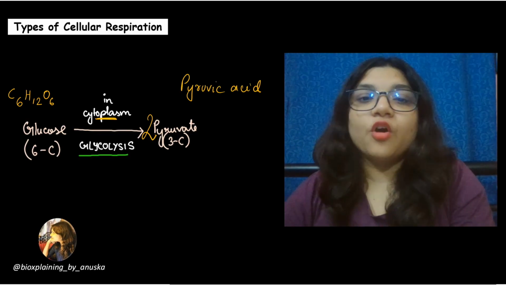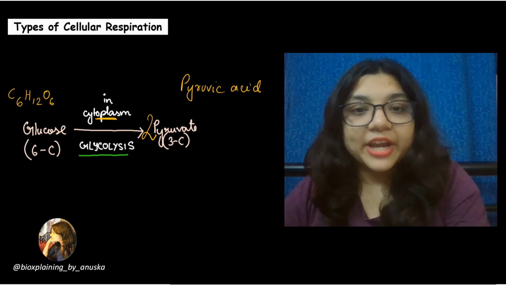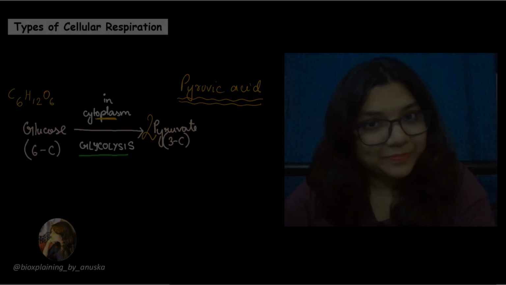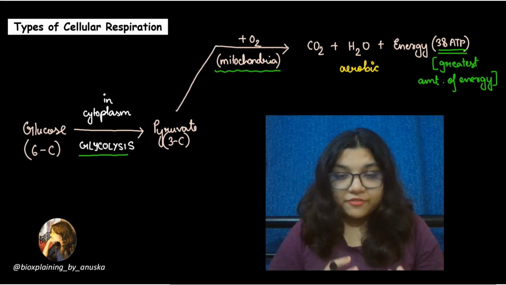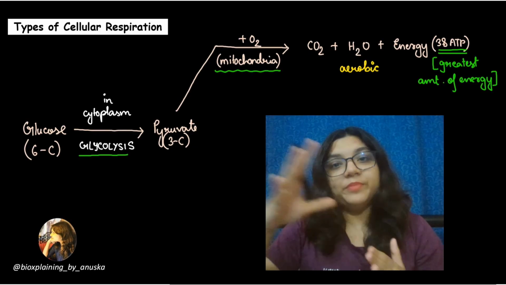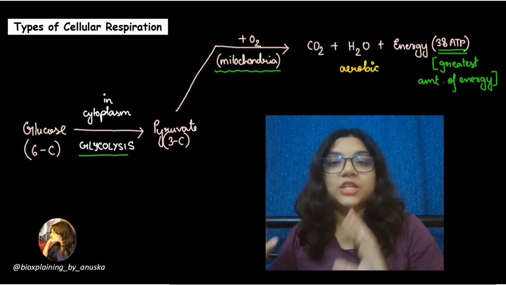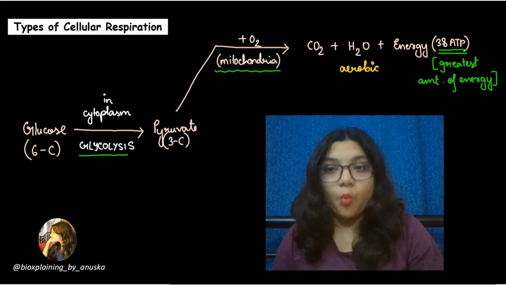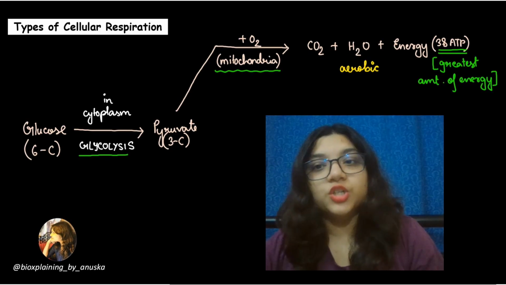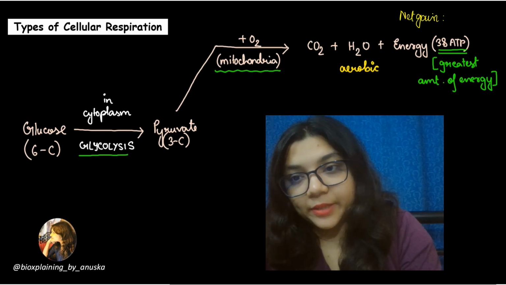For both kinds of respiration, aerobic and anaerobic, this pyruvic acid is first produced in the cytoplasm. Now, if oxygen is present, this pyruvate will be forwarded into the mitochondria and there it breaks down to ultimately produce carbon dioxide, water and energy, that is, 38 ATP is produced in total and we say that the net gain is 36 ATP.